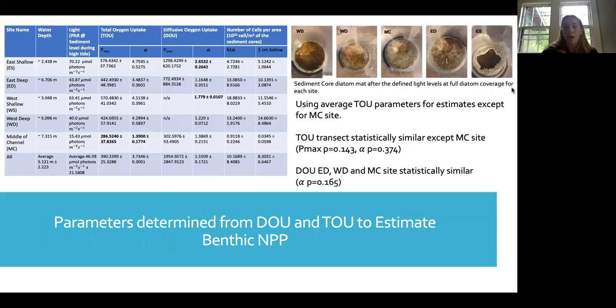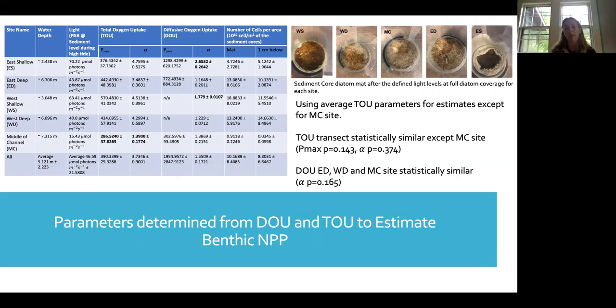And then now I have all of my data compiled into one chart here. And ANOVA tests were done on both the total oxygen uptake and the diffusive oxygen uptake. And then it was also done to compare the two. But first, looking at just within the total oxygen uptake rates, across the transect, the data was statistically similar, except for the middle column site, which seemed to be lower.